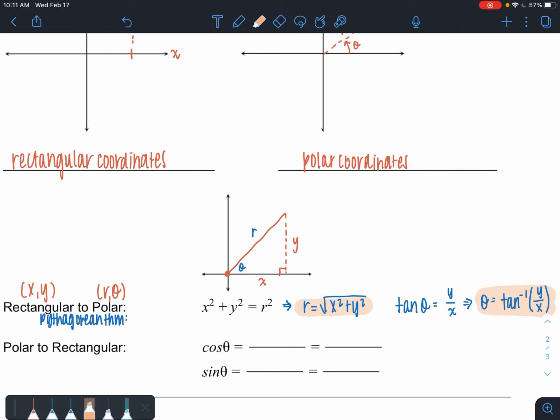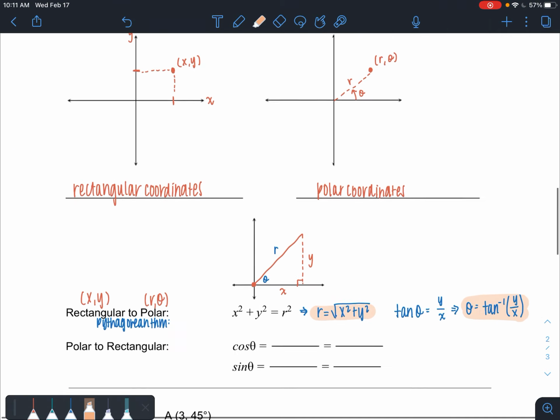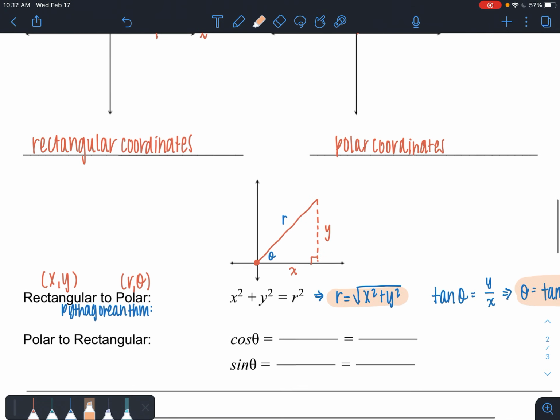To go from polar to rectangular, let's talk a little bit about cosine and sine. Cosine is the adjacent side over the hypotenuse, so that's going to be x over r.